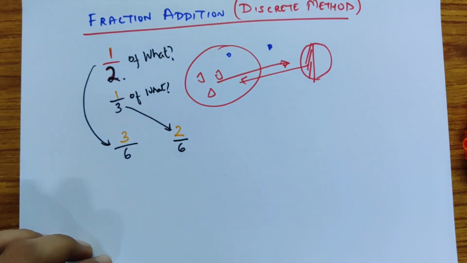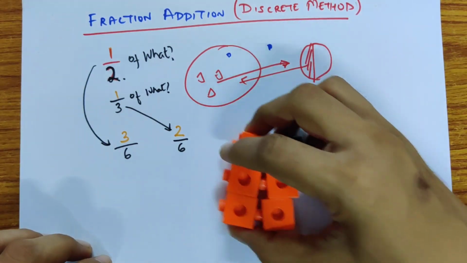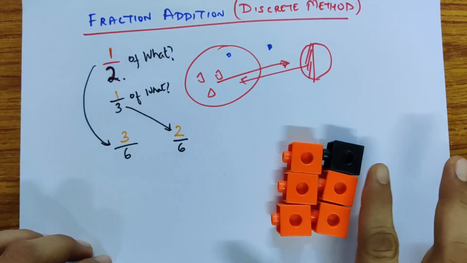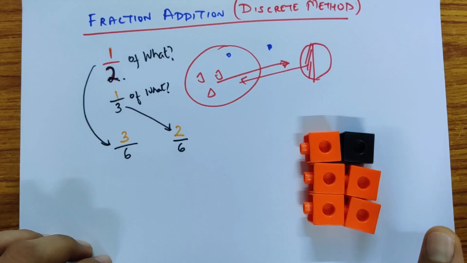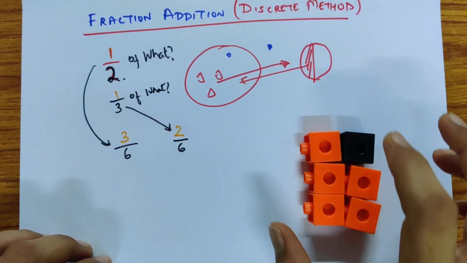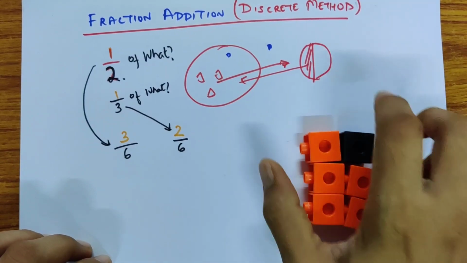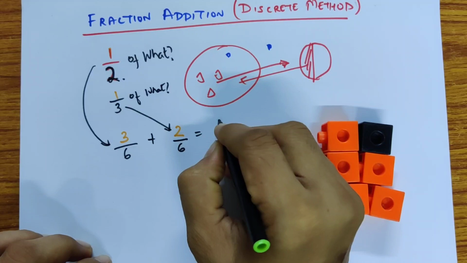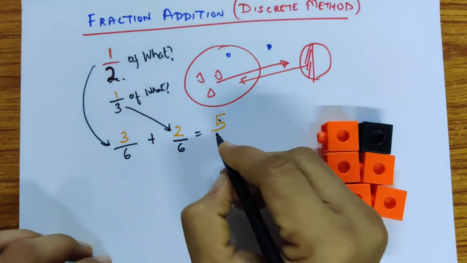Now these pieces I can add, and say out of 6, whenever there are 6 pieces, from half I got 3, from 1/3 I got 2, and together I have 5 out of 6 pieces. Whenever I have 6 pieces, 3 of them will come from the half, 2 of them will come from the 1/3, and now I can add them together. This is okay. 5 out of 6.